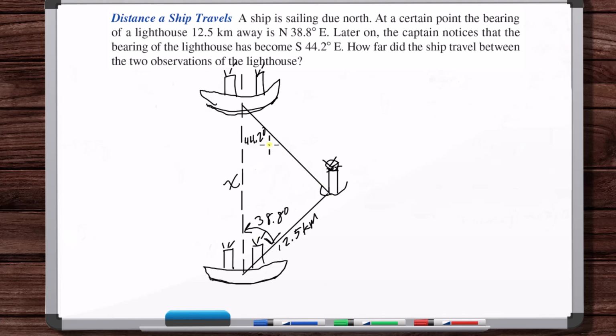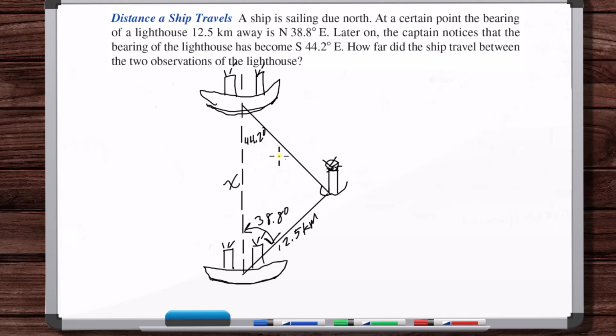In this case, since we have two angles and a side length, we can use the law of sines in the non-ambiguous case. There's no ambiguity. We can get this exact side length, and this side length if we need, but we don't need this. So, let's do the law of sines.